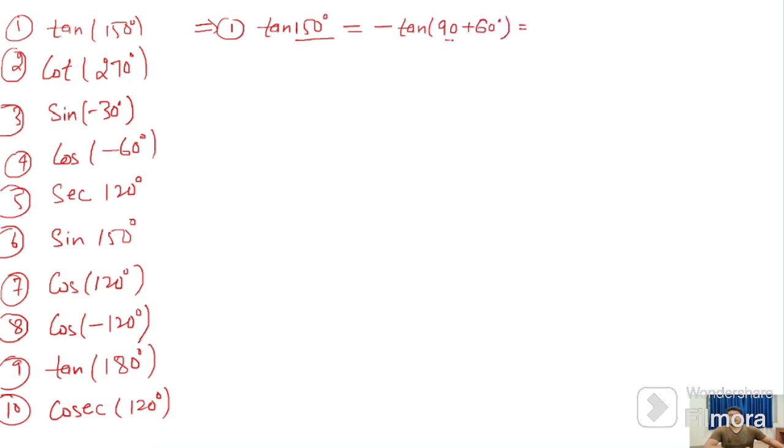From the y axis, tan will be converted into cot 60 degrees. Tan 60 is root 3, so cot 60 will be 1 by root 3, and the answer is minus 1 by root 3. Got it?